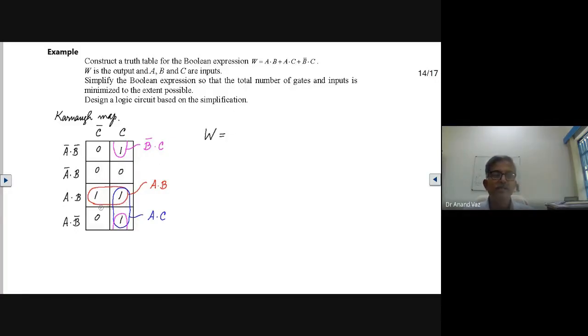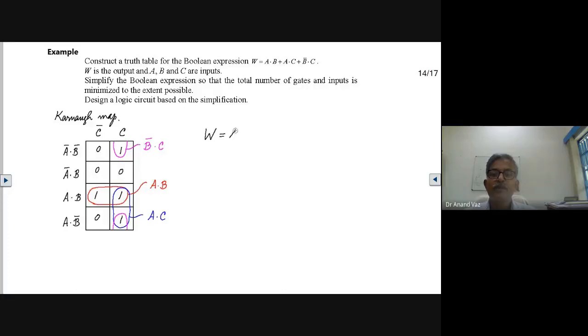So you can see here A and B, and this purple one here you can see is not B and C, but the blue one here is A and C, and you can see that the one in this pair is already present in this previous pair, and the other one is present in the pair not B and C. So this pair A and C has become redundant, and so it will not come in the expression.